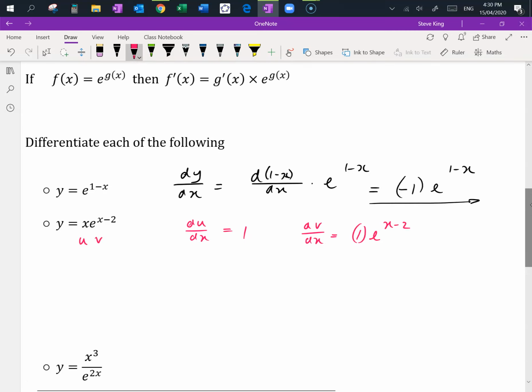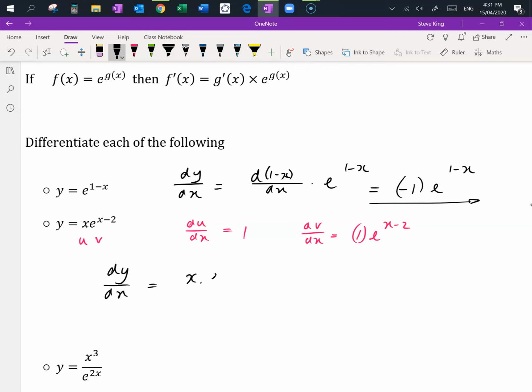So if I want to work out what my derivative is here, it's derivative of a product. So we're going to start out and say it's going to be u, which is x, times by the derivative of v.